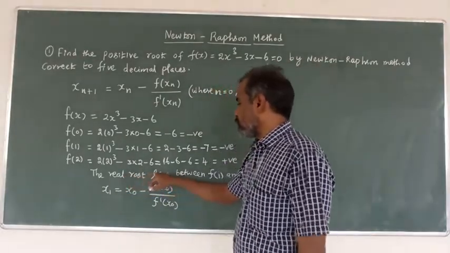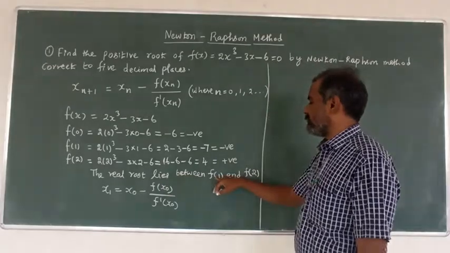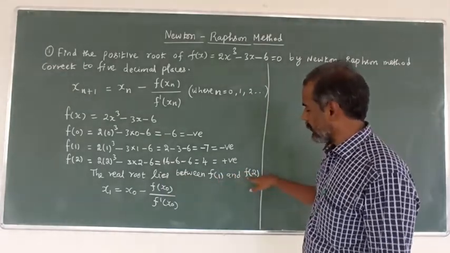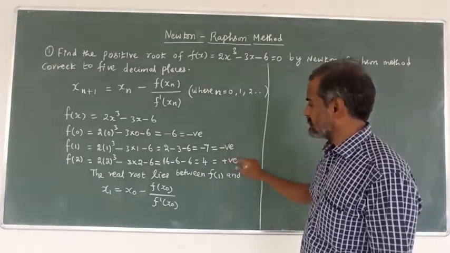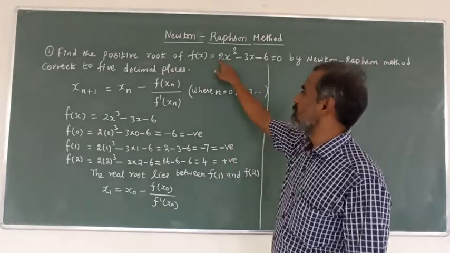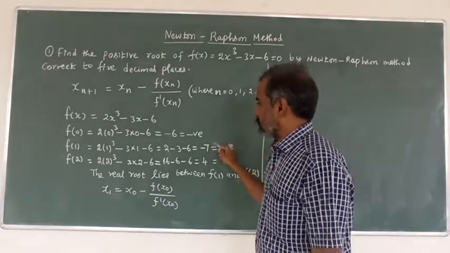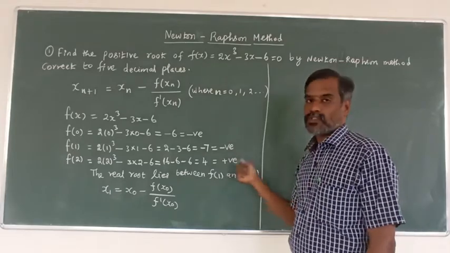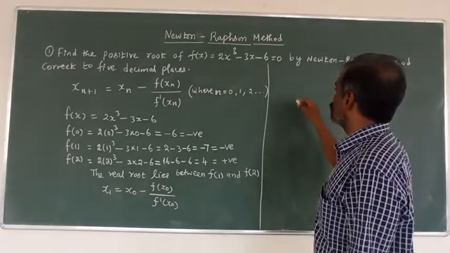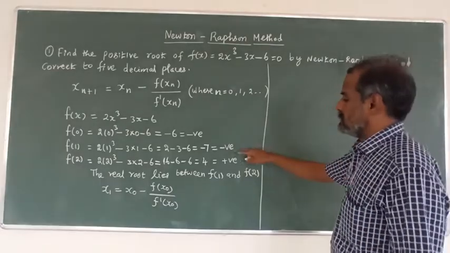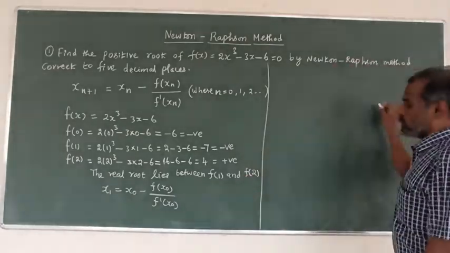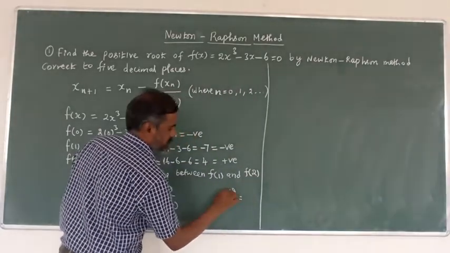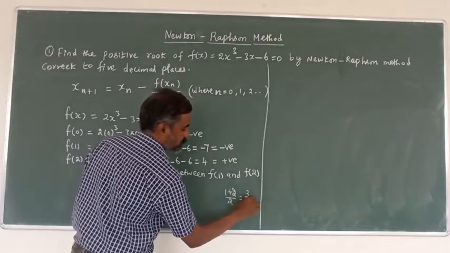The real root lies between f of 1 and f of 2, that is x values 1 and 2. Now we have to take the center value between 1 and 2: 1 plus 2 divided by 2 equals 3 divided by 2 equals 1.5.